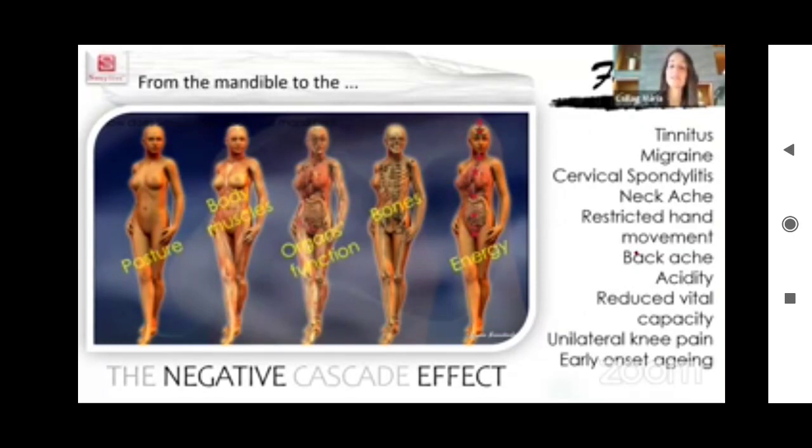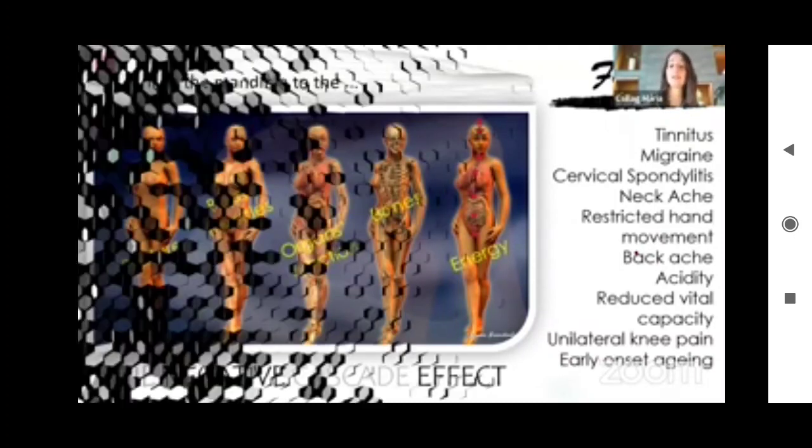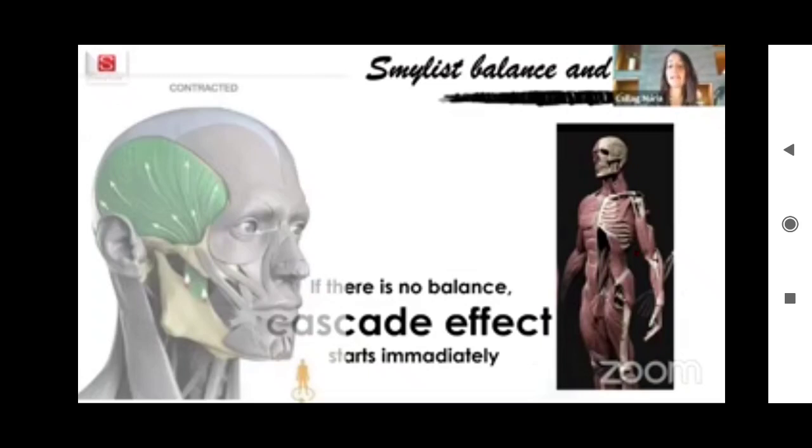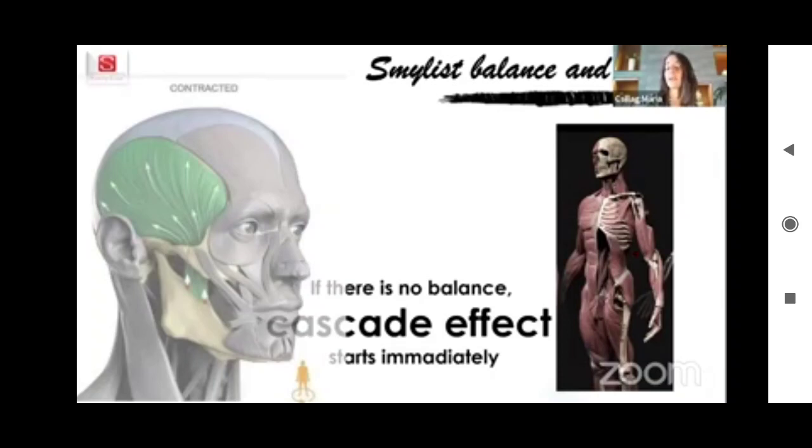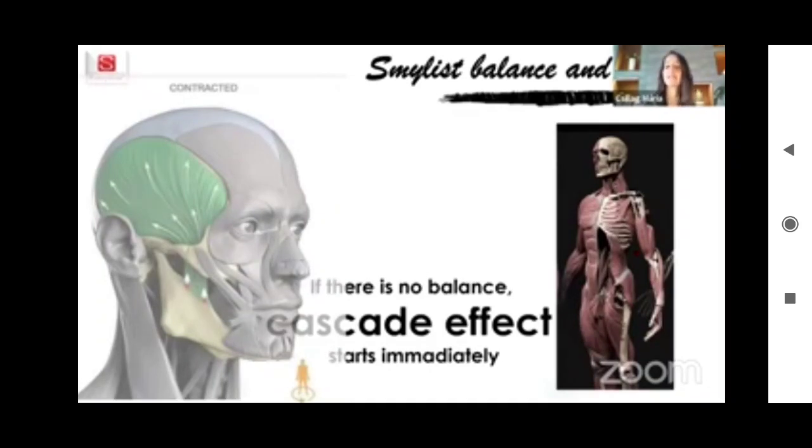And the patient with an upwards rotating mandible feels that continuously: I have acidity in my stomach. And the reduced vital capacity, the unilateral knee pain, and early onset aging on the face and on the body posture as well, you can realize as a negative effect on the muscles, on the bony part, and on the organs as well. On the face, you can see it immediately, but on the posture as well.